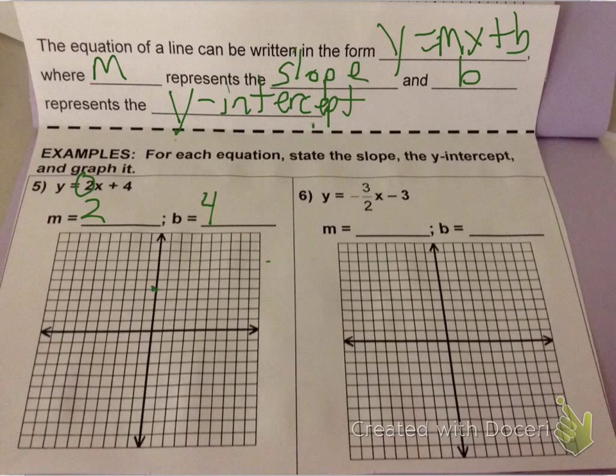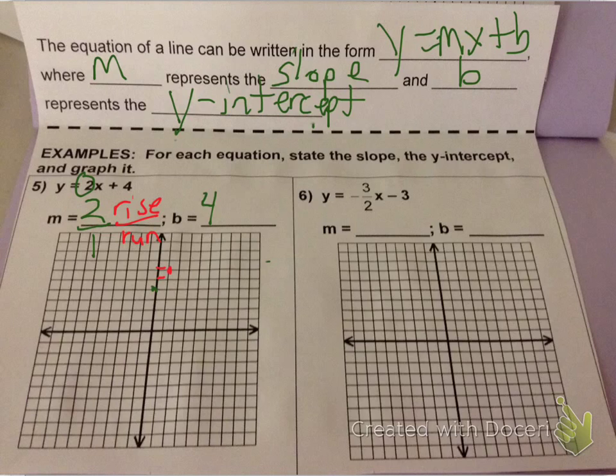And then you look at your slope. Your slope is a whole number and you want to make it a fraction. So put 2 over 1. This means that you rise 2 and you run 1. So start at your y-intercept, go up 2 over 1.